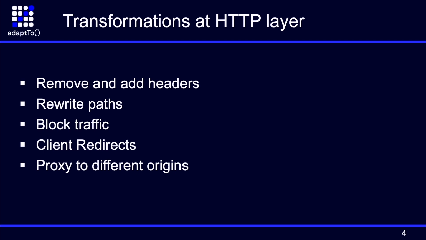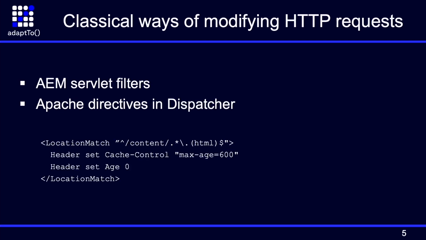You can also do client redirects or proxy to different origins than AEM. Of course, you could do most of this, if not all, in AEM itself, doing proxies and so on, but also in Apache, that was also a typical place. You could set headers on the response, do proxies with mod proxy.